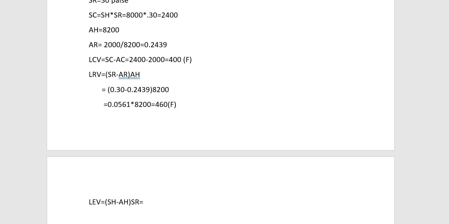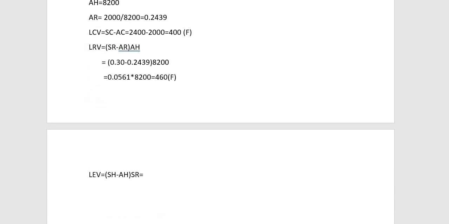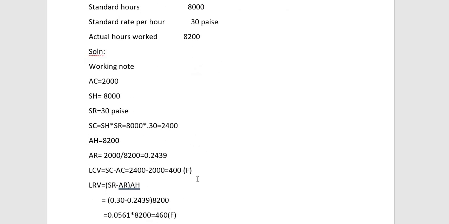The standard hours is 8,000 hours, the actual hours is 8,200 hours, and the standard rate is 30 paise, that is 0.30.